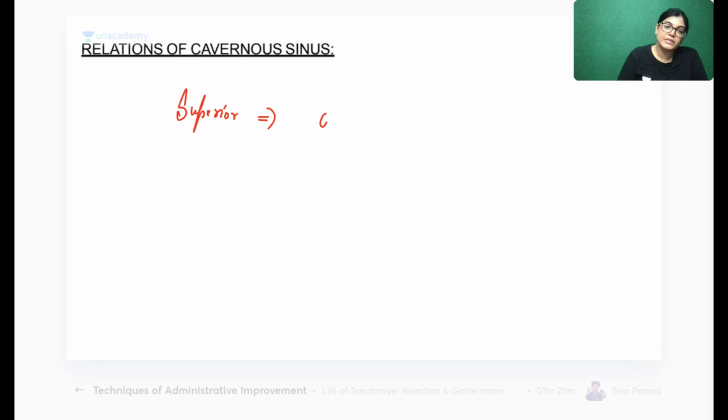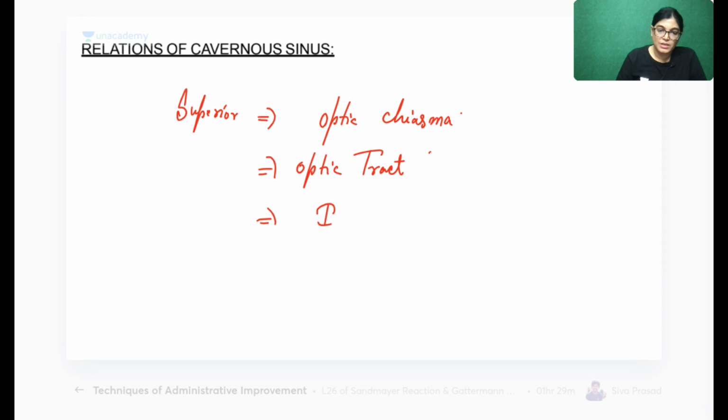Relations of cavernous sinus. Superiorly it is related to optic chiasma, optic tract, internal carotid artery, and anterior perforated substance.